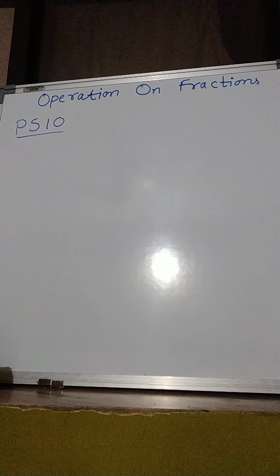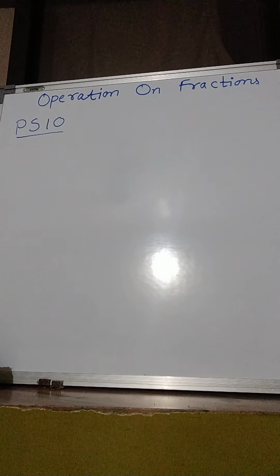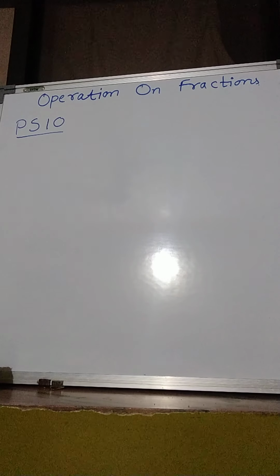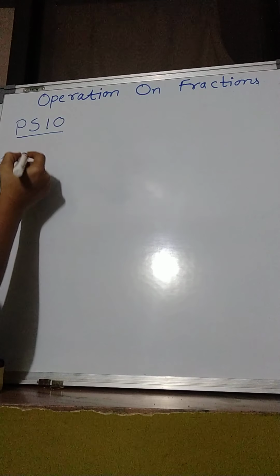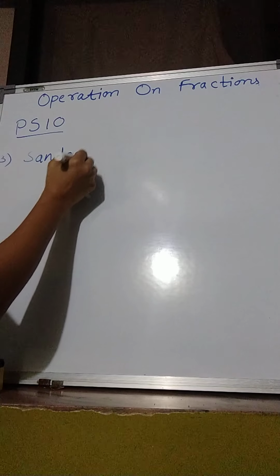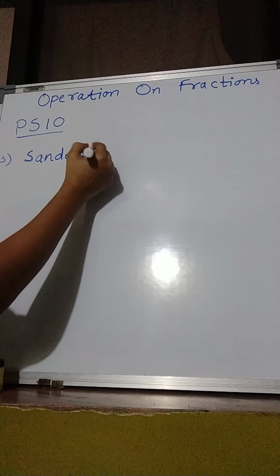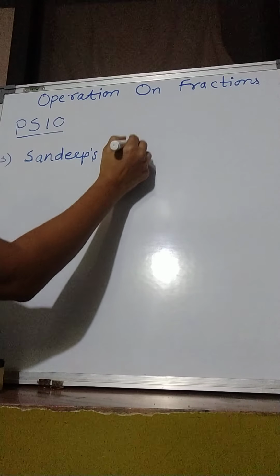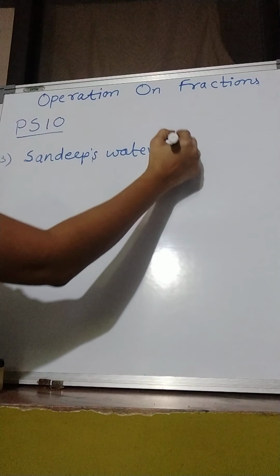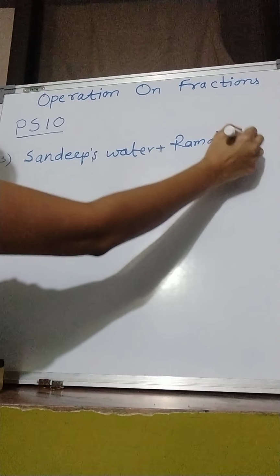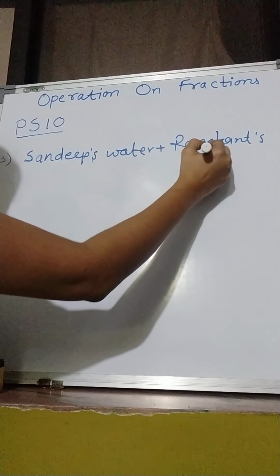Now here, after reading the problem, you can understand that first Sandeep filled one tank. The same tank was filled by Ramakant. Means the water added to the tank. So in the first step, you have to add two figures: Sandeep's water plus Ramakant's water.